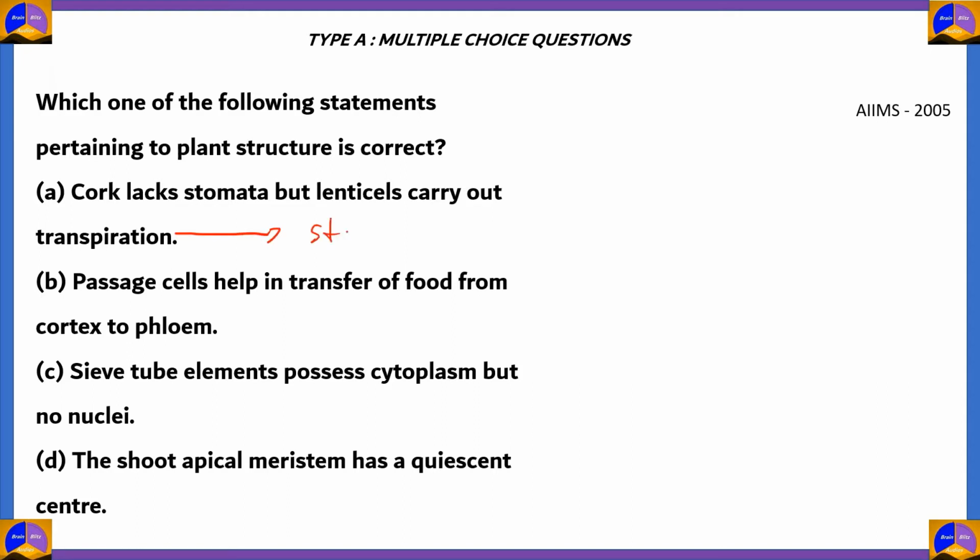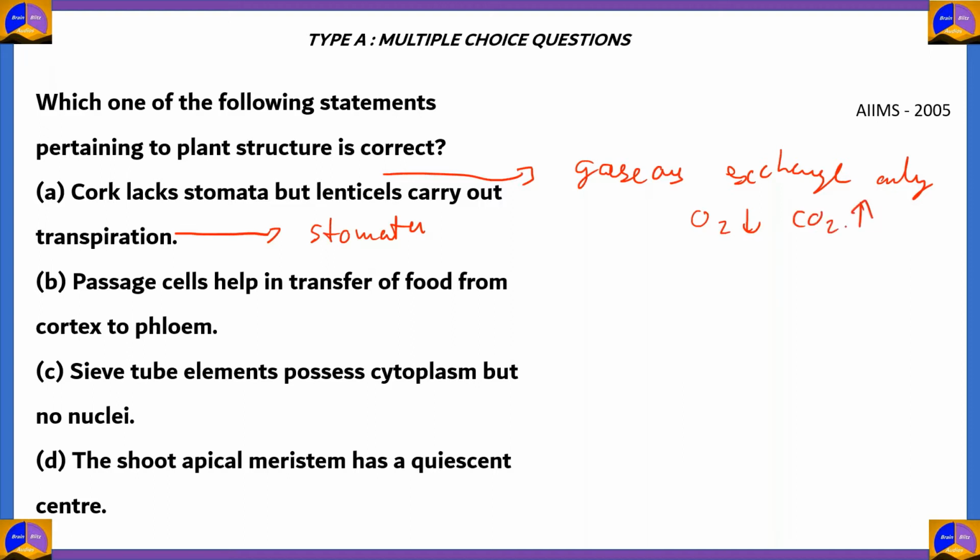Transpiration occurs in stomata, and lenticels carry out gaseous exchange only, and that too oxygen inside, carbon dioxide outside. So therefore option A is incorrect.